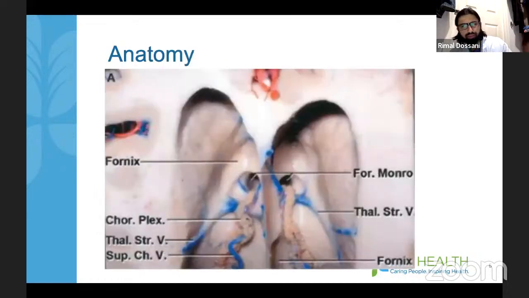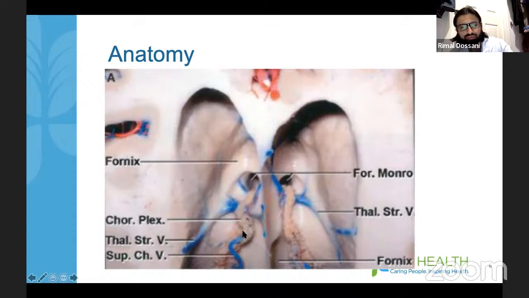Here's a recap of the anatomy that Dr. Daniyal had shared with us. This is an identical image to one that he had shared with us, demonstrating the anatomy of the lateral ventricle in the coronal plane. We can see that just above the foramen of Monro is the fornix, and hidden underneath the fornix is the internal cerebral vein.